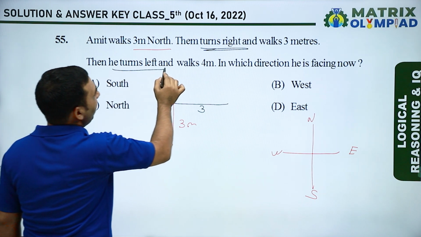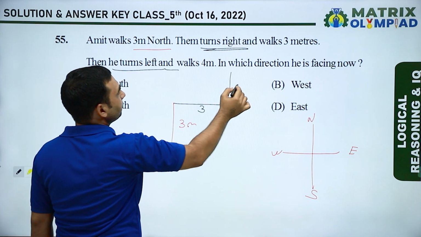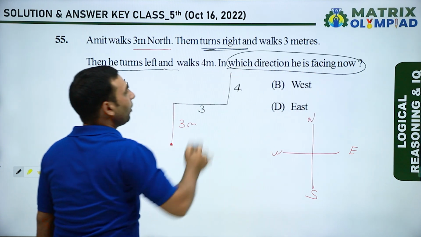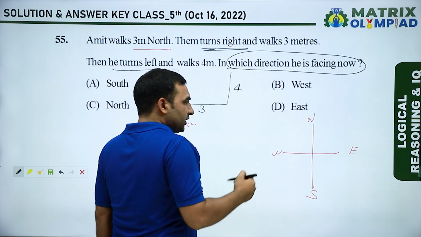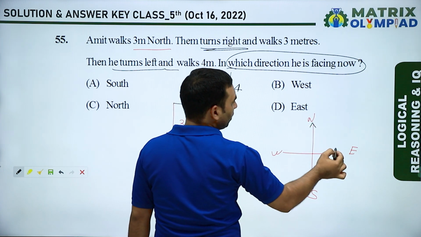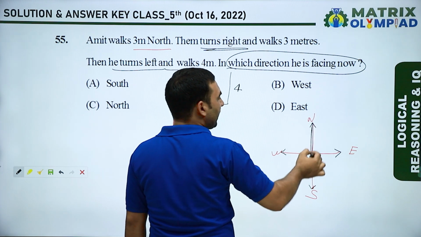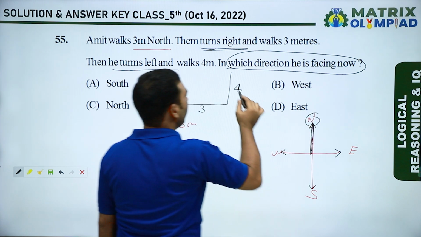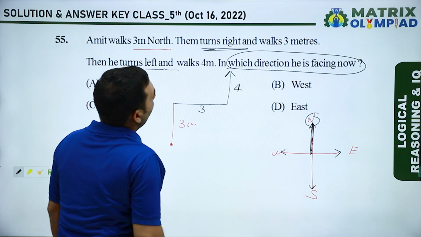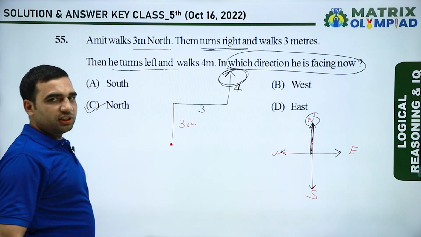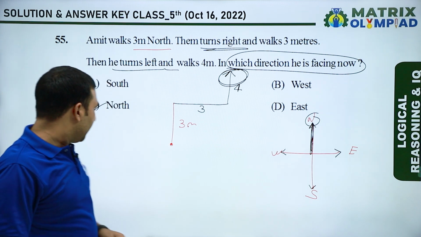Then he turns left and walks 4 meters. In which direction is he facing now? That is north, that is east, that is south, that is west. If we go towards this direction, that is called north. Now Amit is also going north. Our answer is the north direction. Option C is the correct answer. Next question.